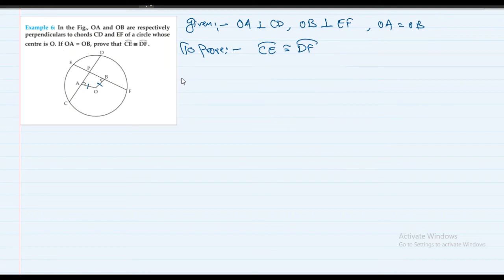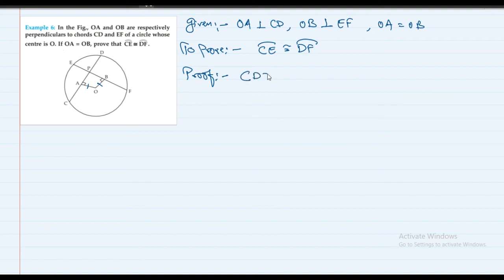Okay, I don't think there is any need for any construction. We can do it directly. So let's write the proof here directly. See, we know that OA is equal to OB, and OA and OB are also perpendicular to CD and EF.